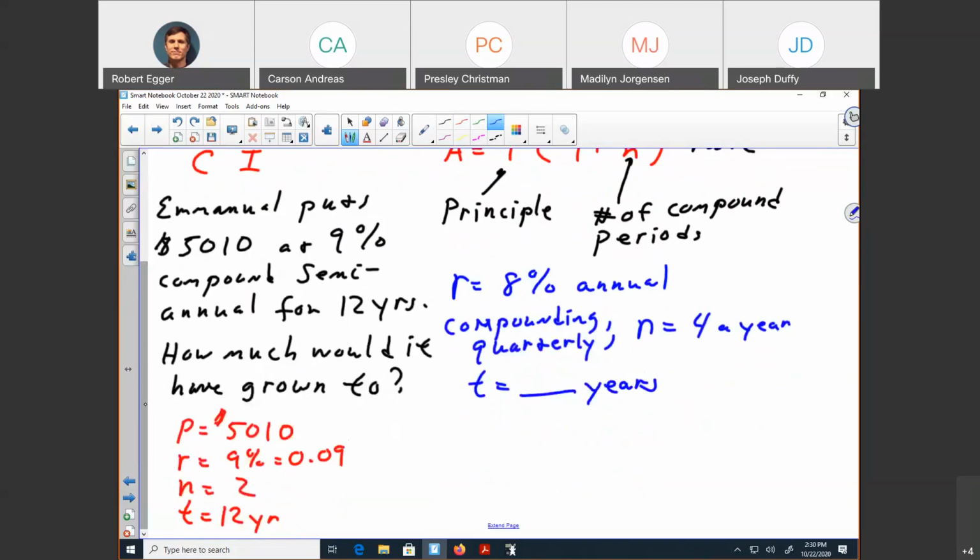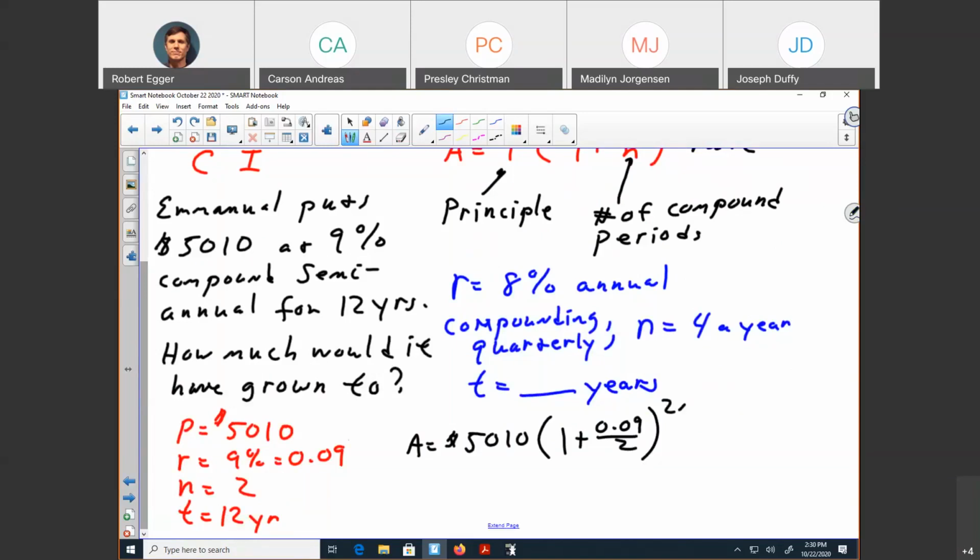So let's see, my amount should be 5,010 times 1 plus 0.09 over 2. So 9% as a decimal, 0.09, twice a year, so 4.5% every 6 months.